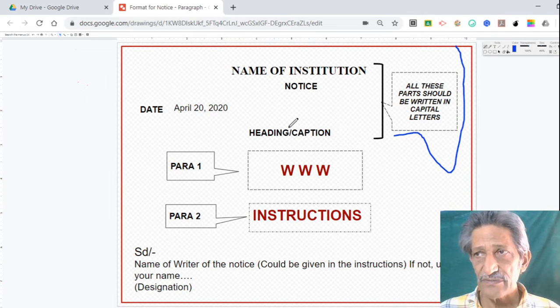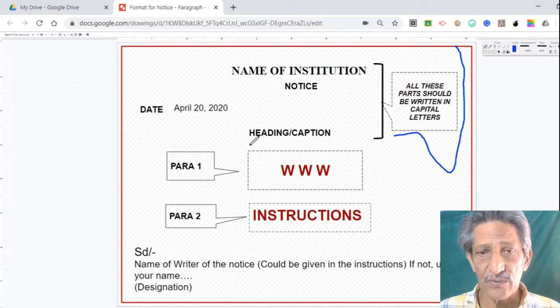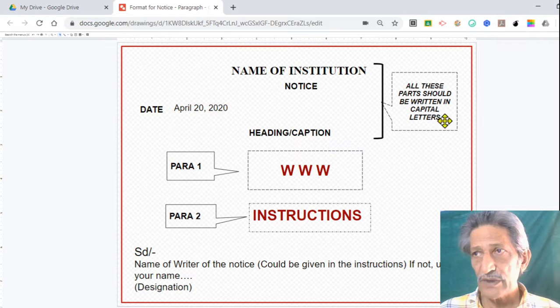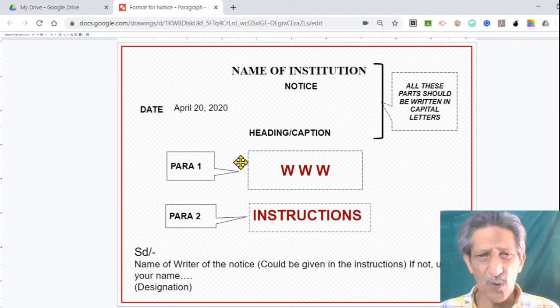The caption is also a very important part because the caption gives you a hint as to what your notice is all about. It should be short and to the point, maybe 4 or 5 words. Then we come to the next part, that is called the paragraph form. We have 2 paragraphs. Generally we tend to overlook this.